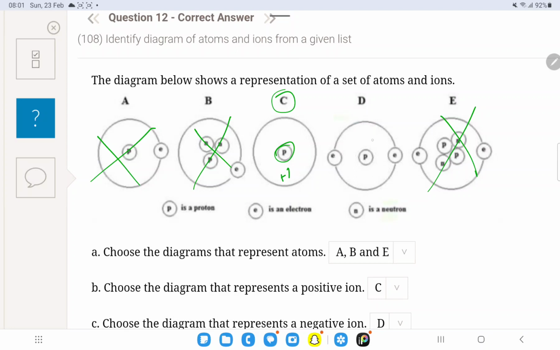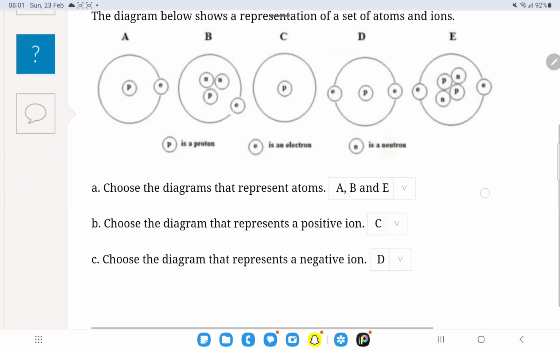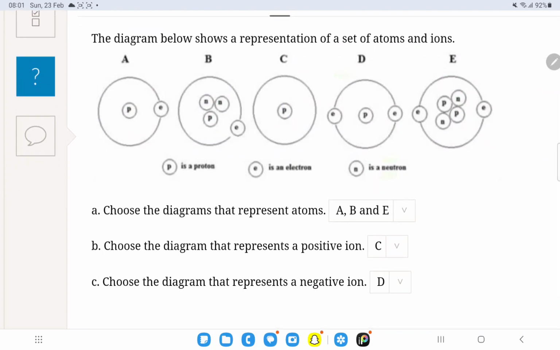Figure D, one proton, two electrons, one of these cancel, so we're left with one electron, the charge -1. So the positive ion is C. Choose the diagram that represents a negative ion. We just said this is an atom, this is an atom, this is an atom. We see C is a positive ion, so the only one that's left is D.